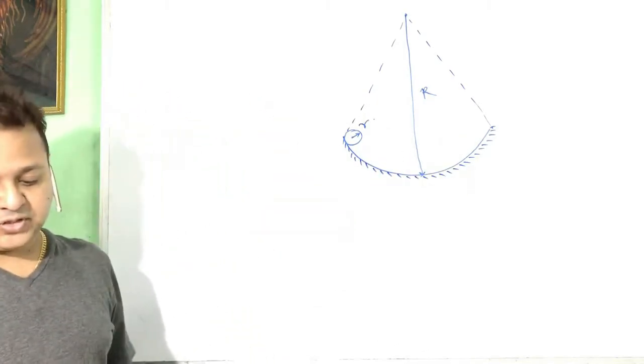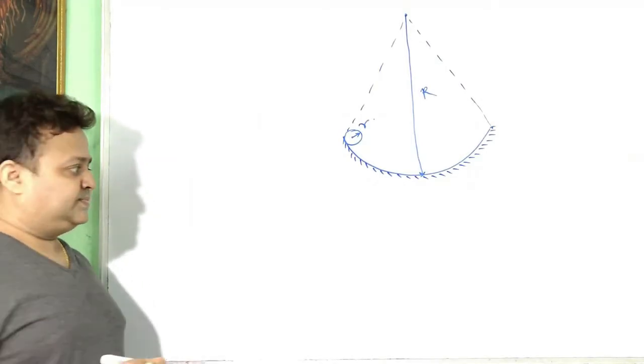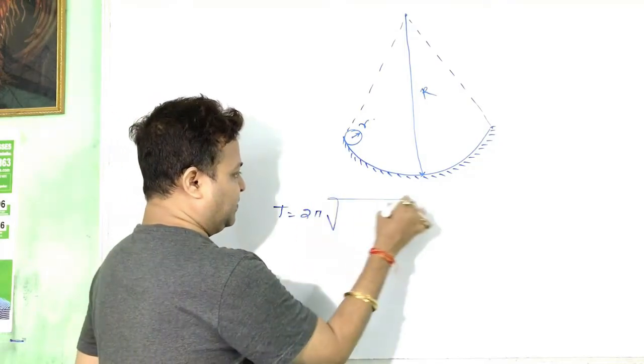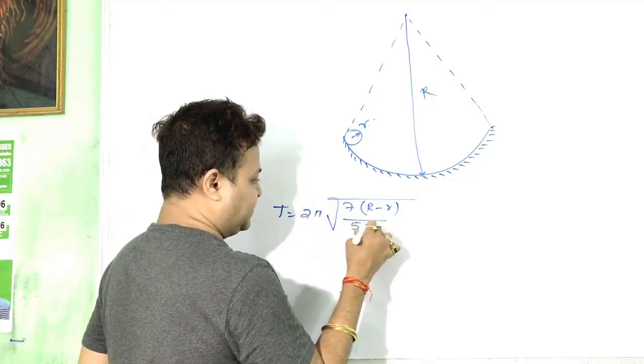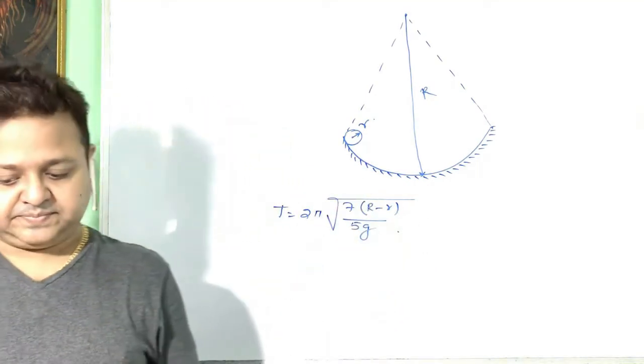The time period of oscillation will be twice pi by root over of 7 into R minus r by 5 g, time period of a small oscillation.